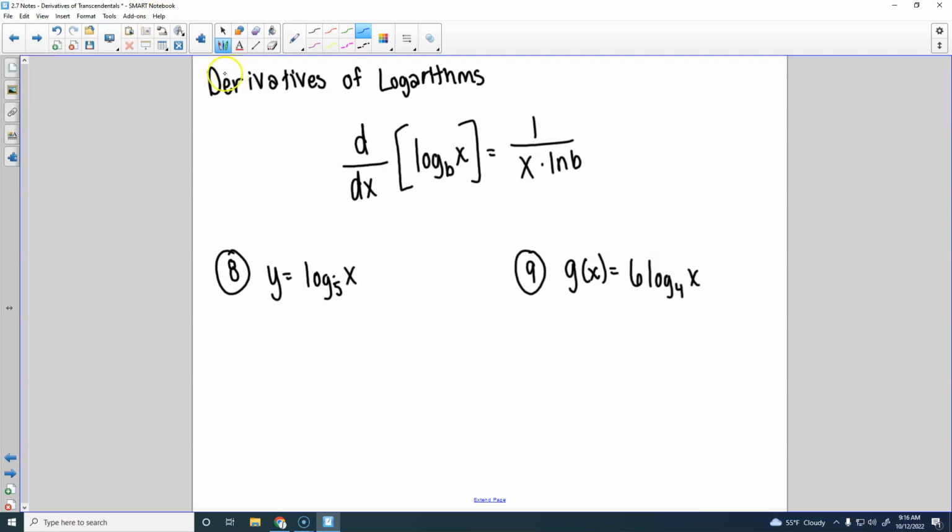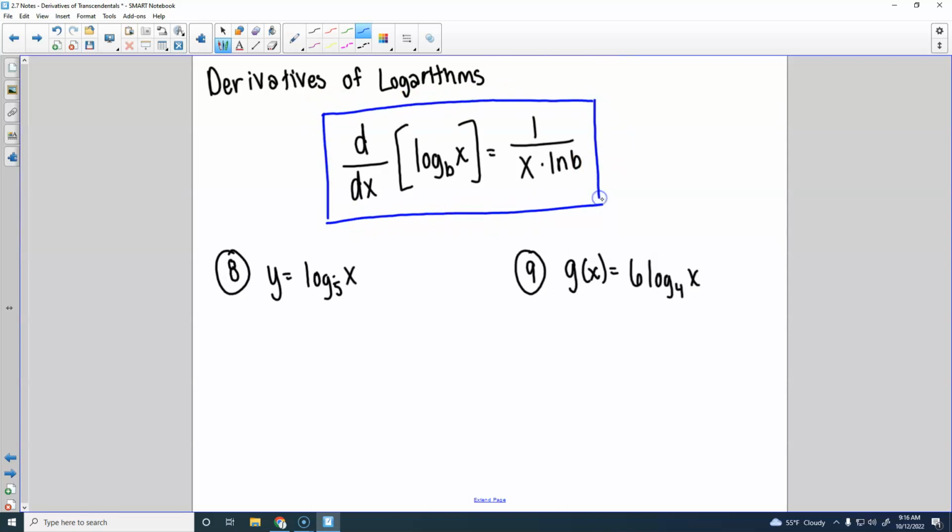Okay? Derivatives of logs. If you take the derivative of log base b of x, it is going to be 1 over x times the natural log of b. This is another one that has to be memorized.